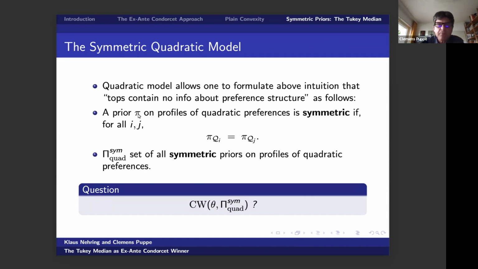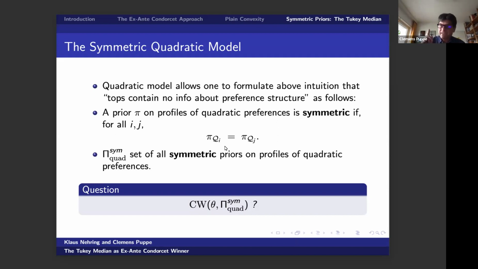Symmetry means the following. A prior pi on profiles of quadratic preferences will be called symmetric if, for a given top theta i, the marginal prior on quadratic forms is the same for all tops, right? So if a voter i, it doesn't matter which top a voter i has, the marginal distribution of the prior pi on the quadratic forms that this voter may have is the same across voters, okay?